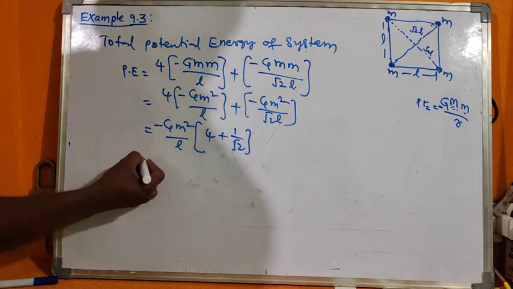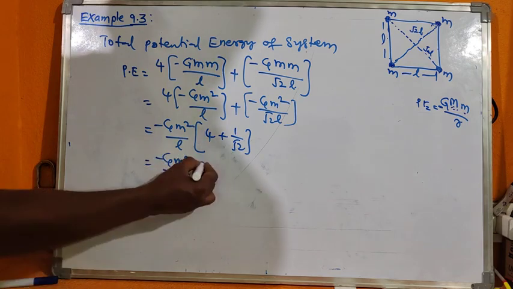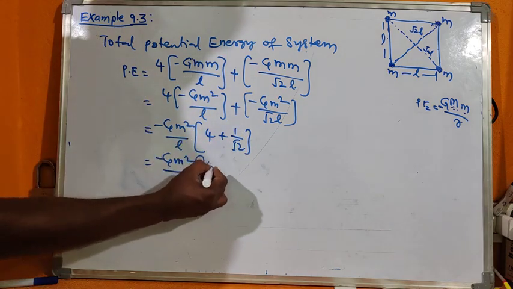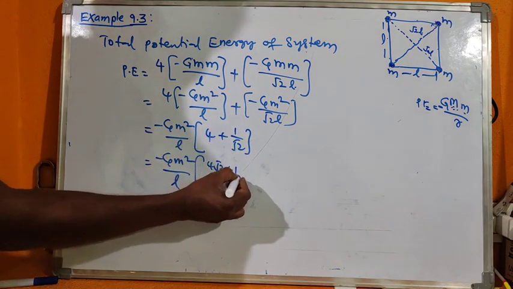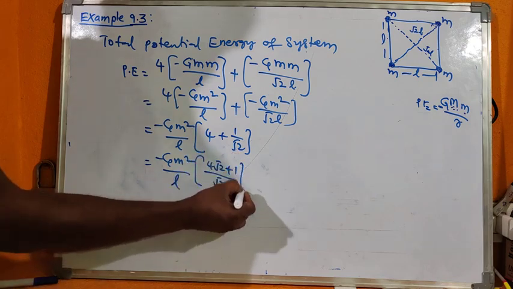Okay, so then this is equal to minus Gm square by L, and if you take the LCM, this is 4 root 2 plus 1 by root 2.